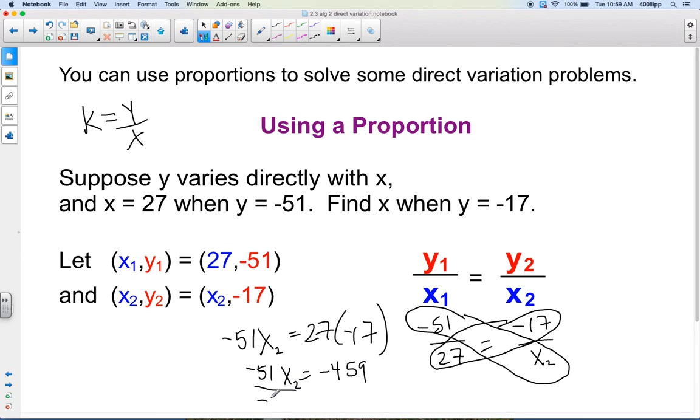Dividing both sides by negative 51, we get x sub 2 is equal to negative 459 divided by negative 51, which is 9. And that's what x sub 2 is, 9.